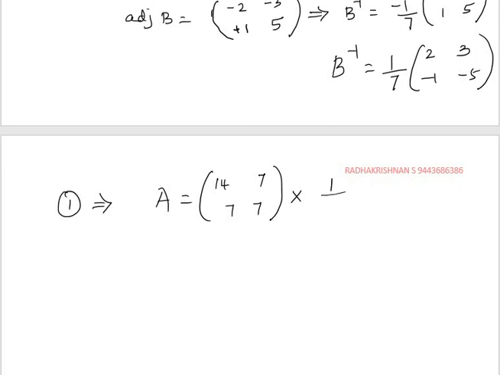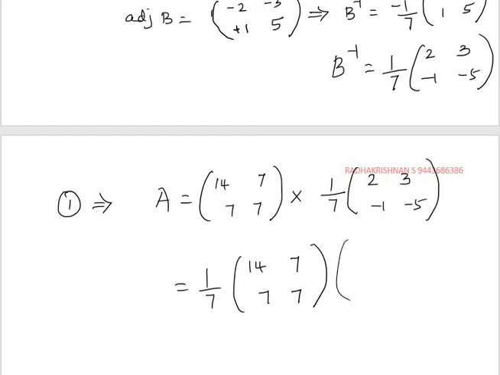What is B inverse? 1 by 7 into 2, 3, minus 1, minus 5. This 1 by 7 we can write here, and I can multiply these two: 14, 7, 7, 7 and here 2, 3, minus 1, minus 5. If I multiply, I will get the required answer, right?